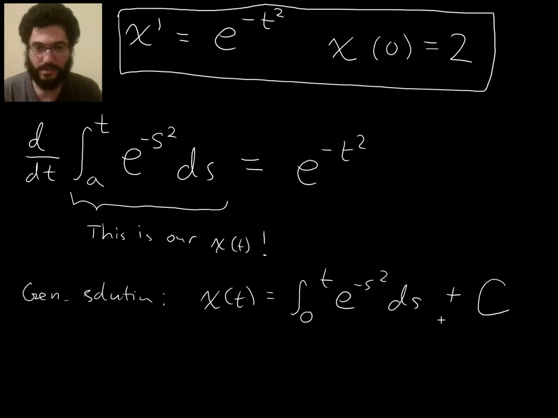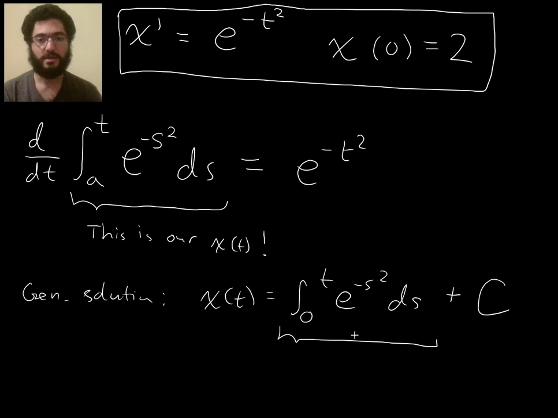So if you prefer to write it that way, then this is just some number. Anytime you plug in a t, this will be something. I don't know exactly what number, but you could get a computer to approximate it at least. An integral is just the area under a graph, so it's just a sum of a bunch of rectangles where you make the rectangles get really thin. So you could make a computer compute this. So this is pretty good. All right, so here's our general solution.